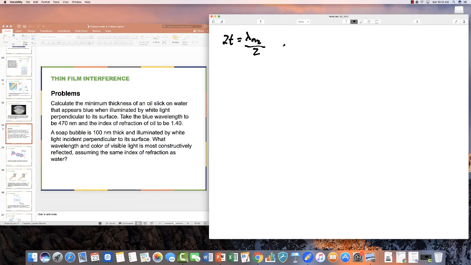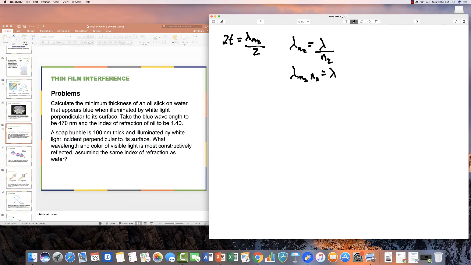It's also true that lambda n2, the wavelength in the second medium, is equal to lambda in the first medium divided by the refractive index of the second medium. That means lambda in the second medium times n2 equals lambda.